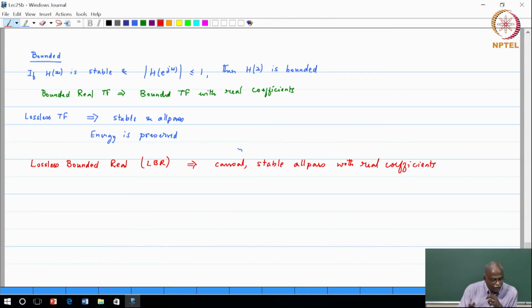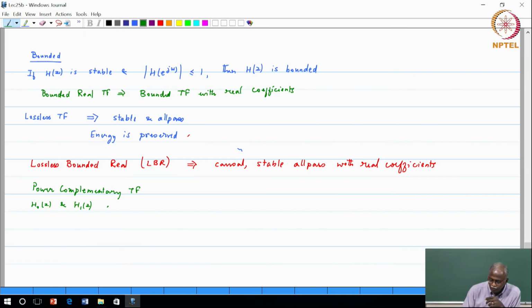Now here comes a very interesting extension of what we have been studying so far. We call a set of transfer functions power complementary transfer functions if they satisfy the following: H0(z) and H1(z) are two transfer functions.